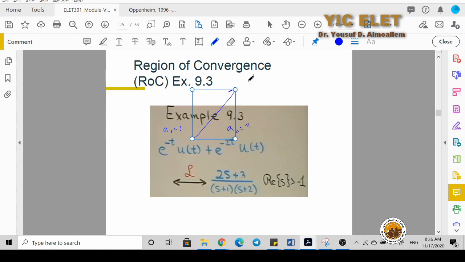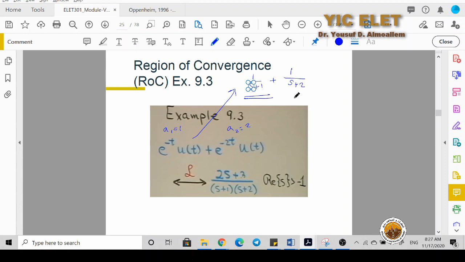So this will be 1 over what? s plus a, and a is equal to 1. And the second one is 1 over s plus 2.